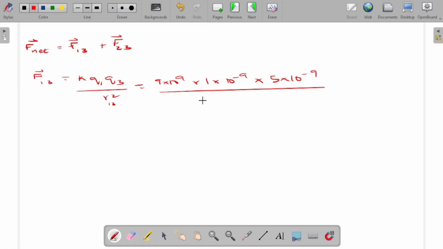So the distance between them is 0.02 squared.